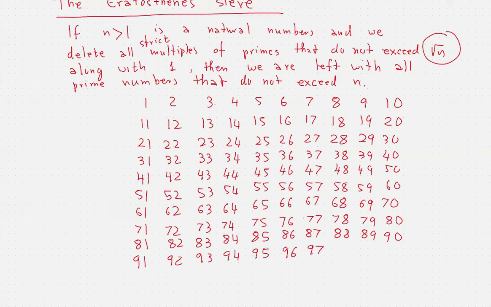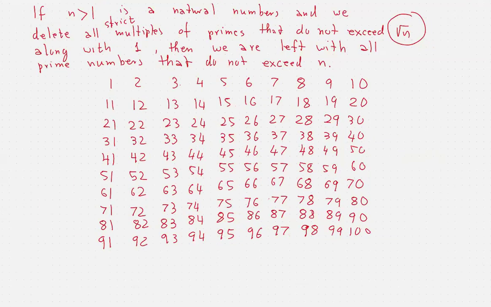Okay, so we've written all numbers down, and here's what we're going to do. First of all, we single out the primes that do not exceed 10. So there are 2, 3, 5, and 7. And let's get rid of the number 1, which is known not to be a prime number. And now let's get rid of the multiples of 2.